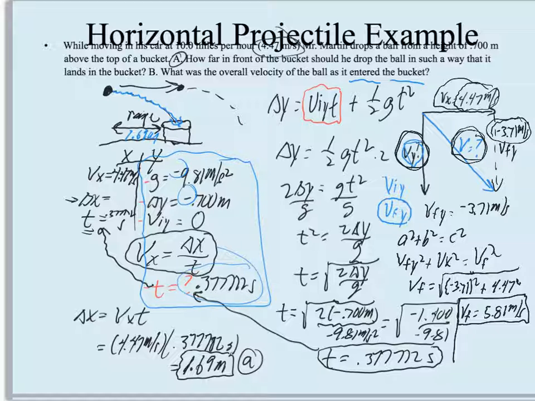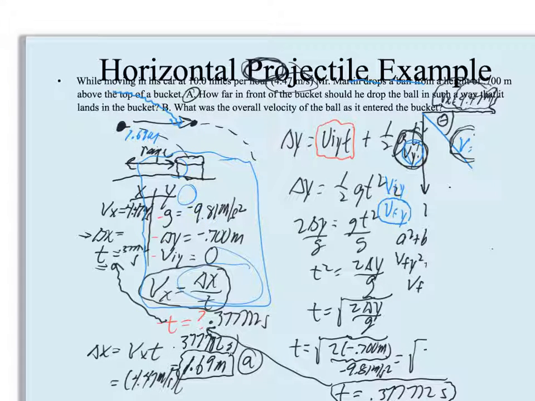But this question asks what's the overall velocity? And the overall velocity has to include a direction. In other words, we have to find the angle as well. So how are we going to find the angle? All right, so finding the angle.